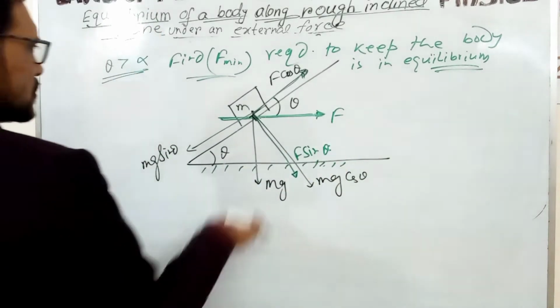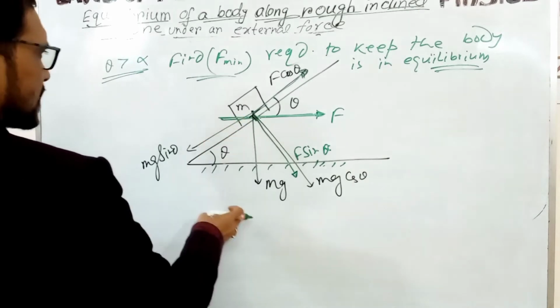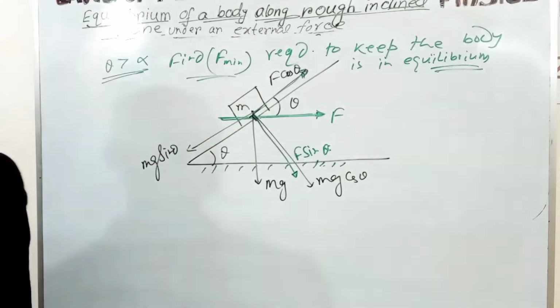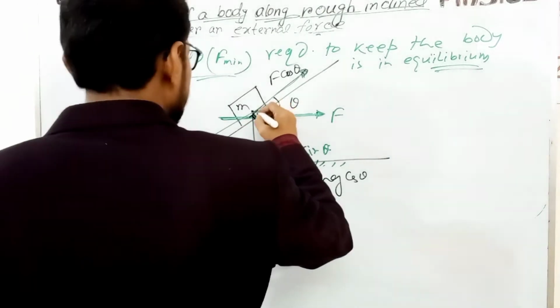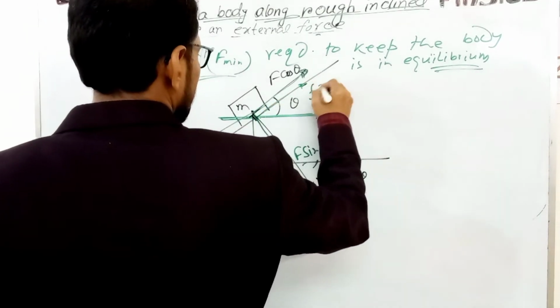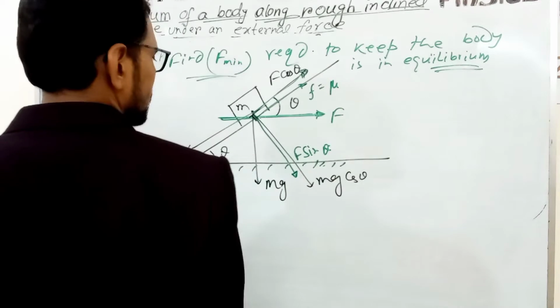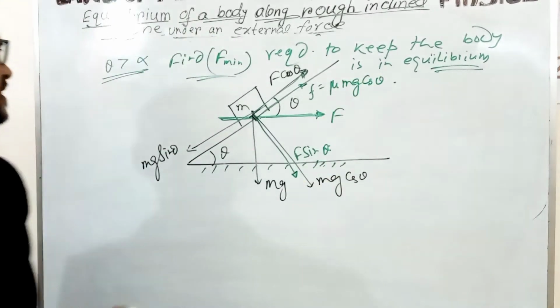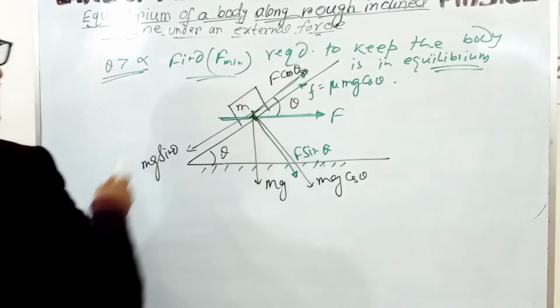Now with F cos theta, the body moves downward, so the friction force acts in this direction, mu into N, which is mu into mg cos theta. Friction force acts in this direction. Now this plus this balances this force.